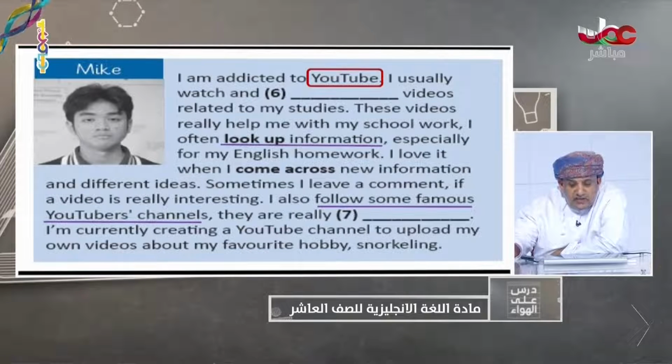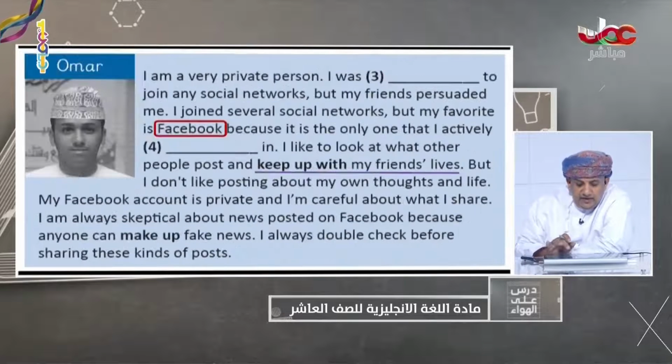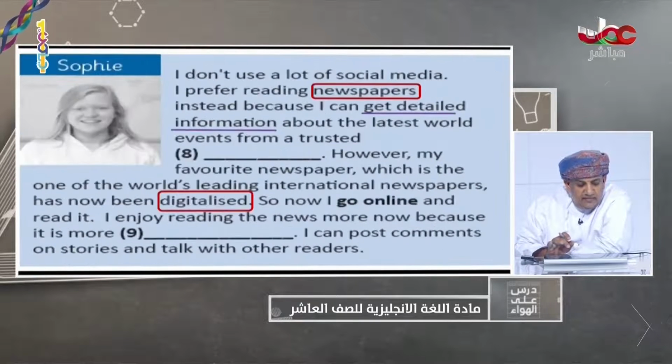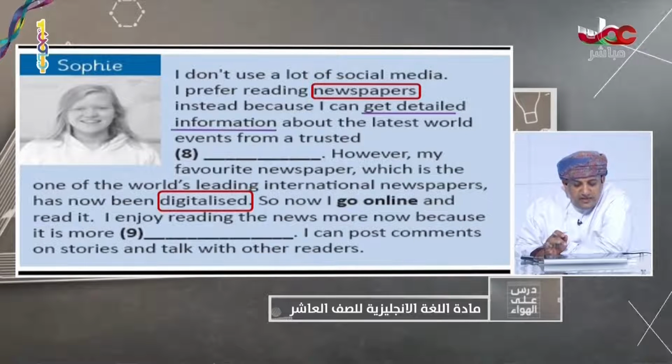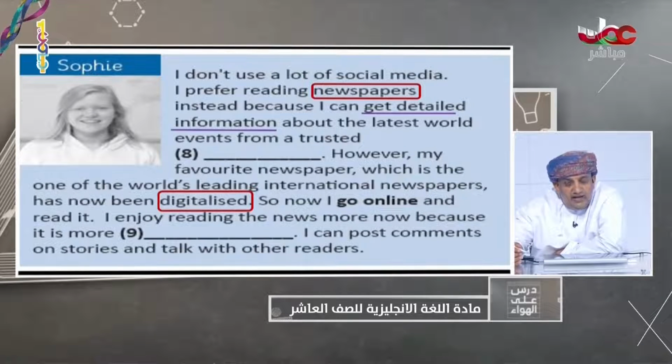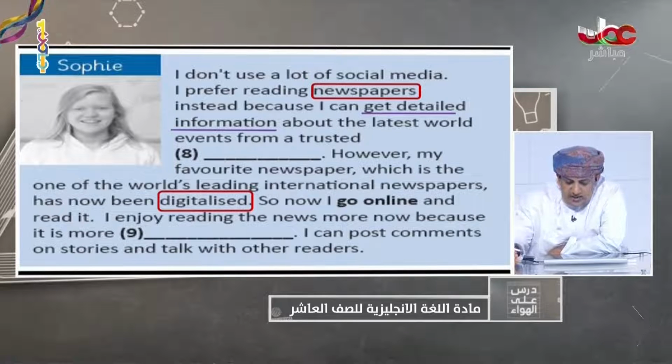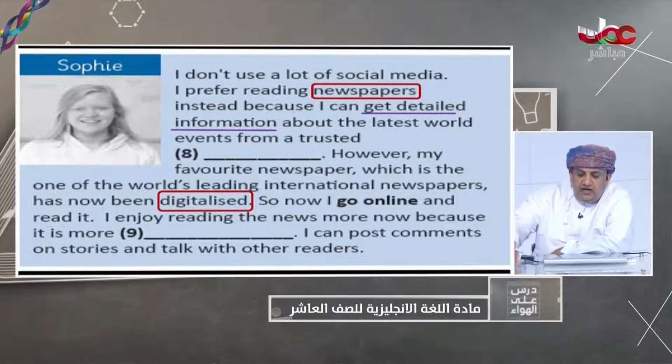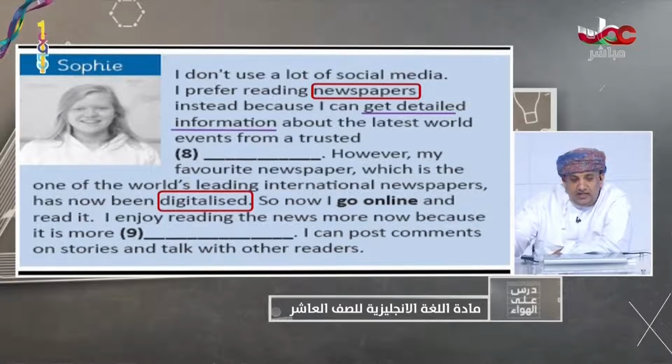As you can see, he likes what? He likes using YouTube. For activities, he looks up information, and he also follows some famous YouTubers' channels. And also number 5, Sophia. She likes online newspapers. So she gets detailed information about the latest world events.